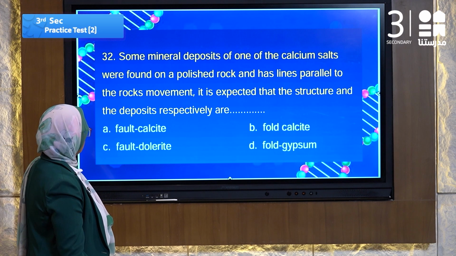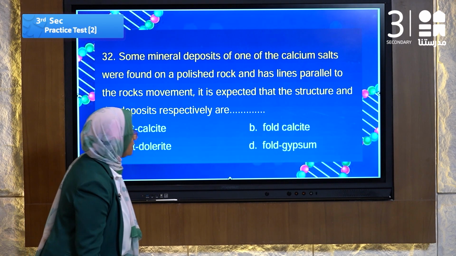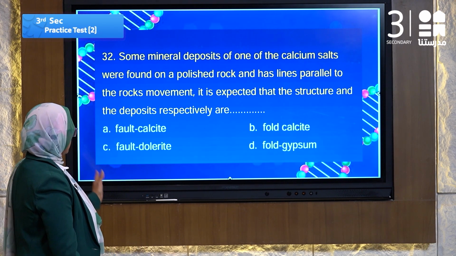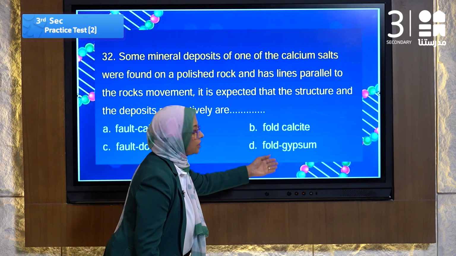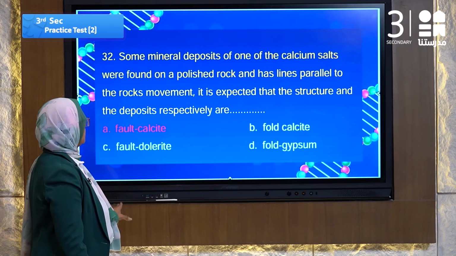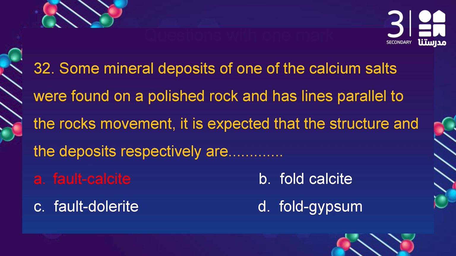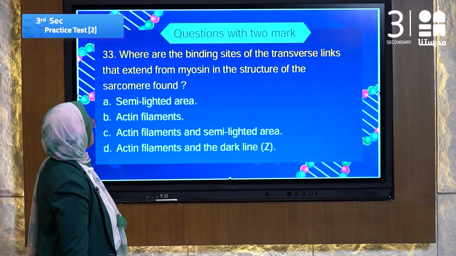Let's go. A, fault calcite. B, a fold calcite. C, fold diorite. D, fold gypsum. Let's go to the answer. It is fault calcite. Let's go to 33.